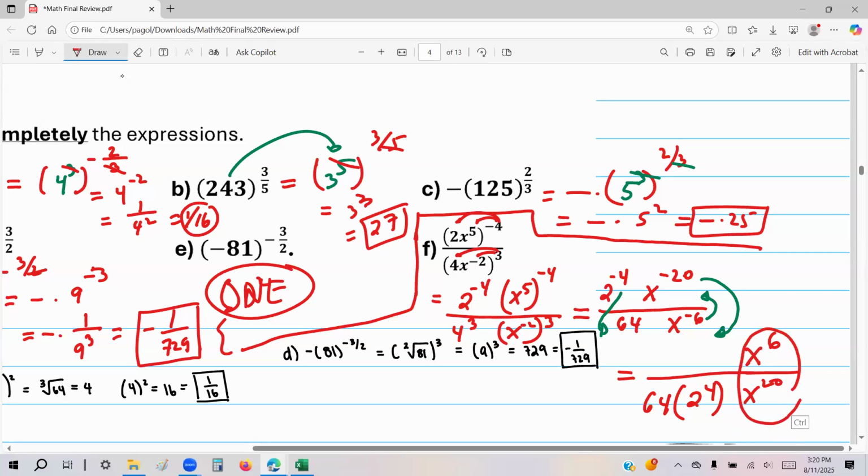Now this will give you what? X to the 14, where on the top or on the bottom? Good. See, Asim? The answer is x to the 14 on the denominator. And now all you have to do is multiply this. So 2 to the 4 is 16. Let me erase and write 16 here, since I don't have space.